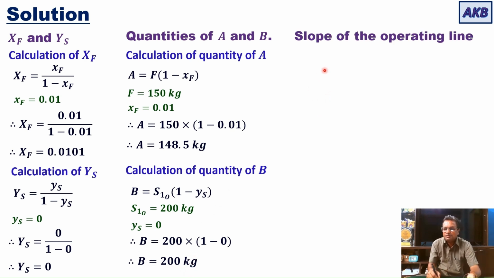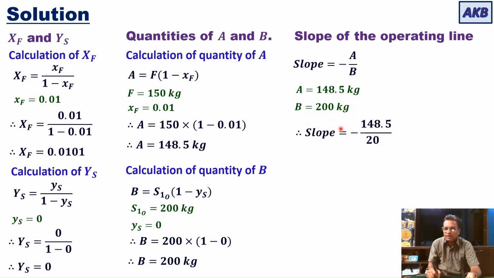Now, since we need to plot the operating line, we can do that by using the slope of the operating line. So first of all, we will have to find out the slope of the operating line. For this operation, slope is given as minus A upon B. I have discussed this in my previous video. Please watch it. We know the values of A and B: A is 148.5 kg, B is 200 kg.